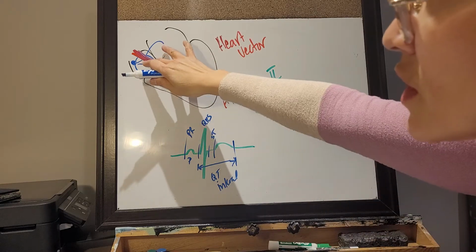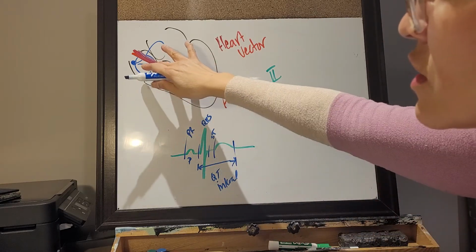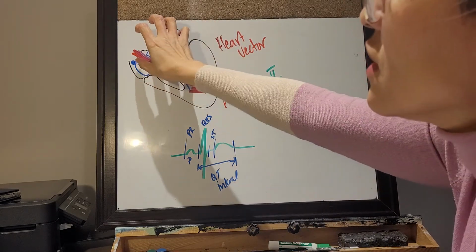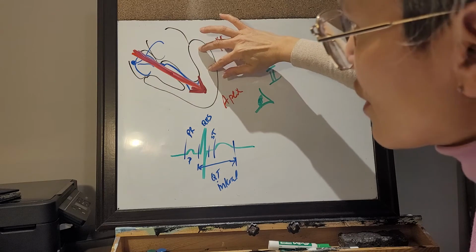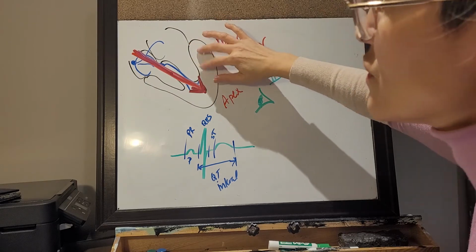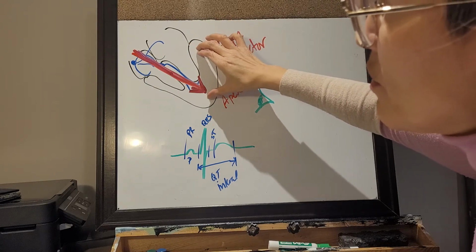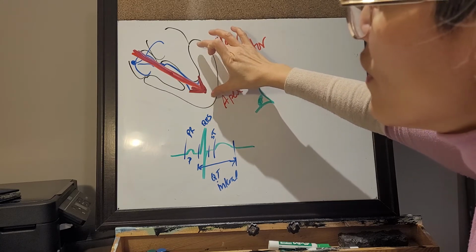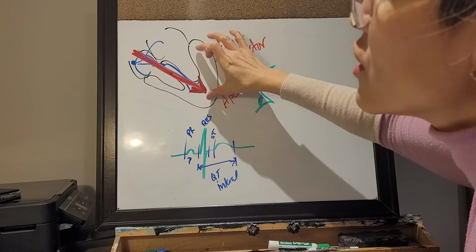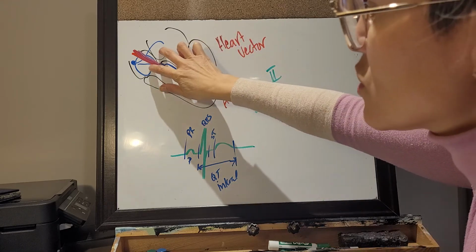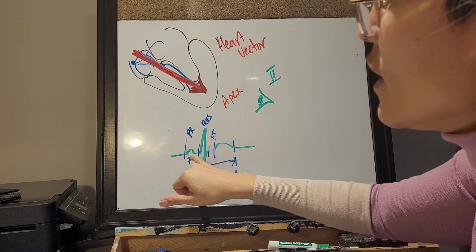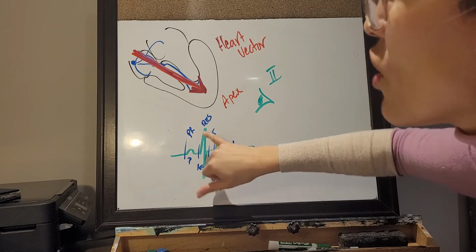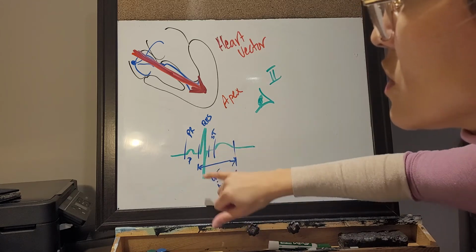Knowing that the atrium does repolarize, but because it's such a small event, if you consider the number of cardiac cells just in this area of the heart versus the thickness and the number of cells in this big chunk muscular section of the left ventricle, when they depolarize, this is going to be a larger electrical event than this one. And so the atrial repolarization is hidden behind this QRS. This is a larger electrical event, so this is the one that predominates.